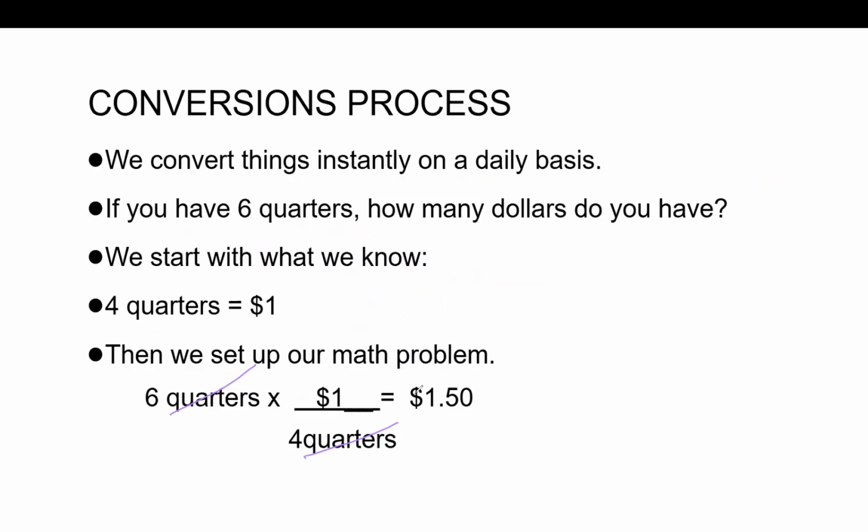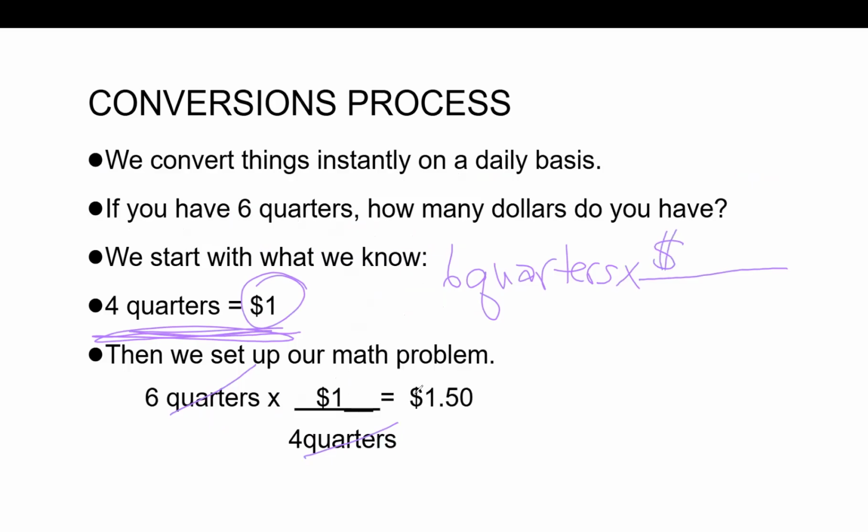So I pulled up that math problem so you could see it digitally, but sometimes we need to see things written out. So I'll write it here. So we have 6 quarters. We put a ratio here. This is our ratio. What we want always goes on top. We want dollars. So I'm going to put my dollars.